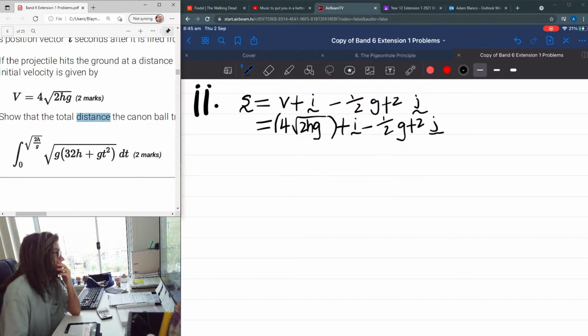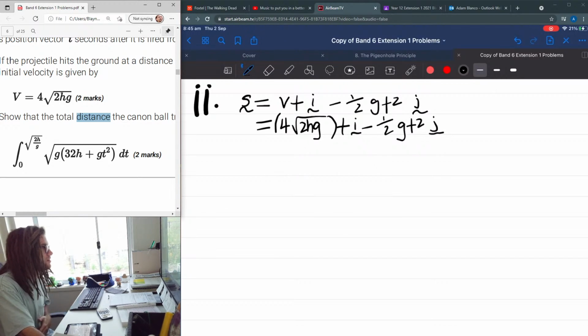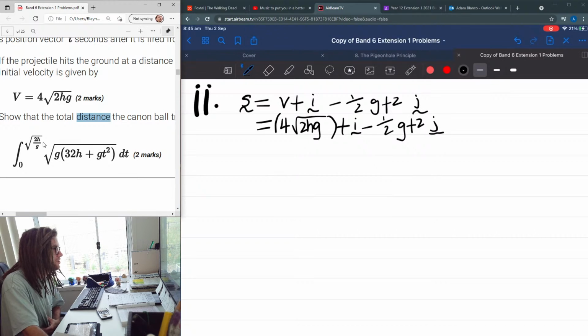Okay, yeah, so what do you think about this? It wants me to represent the distance as an integral, but I have an expression for the distance. The only thing I don't have is a way of describing it using an integral in terms of the flight path. So the only thing I would think of doing is differentiating it to get a value for v, and then that would be where the square root would come from if I went to find the magnitude of v.